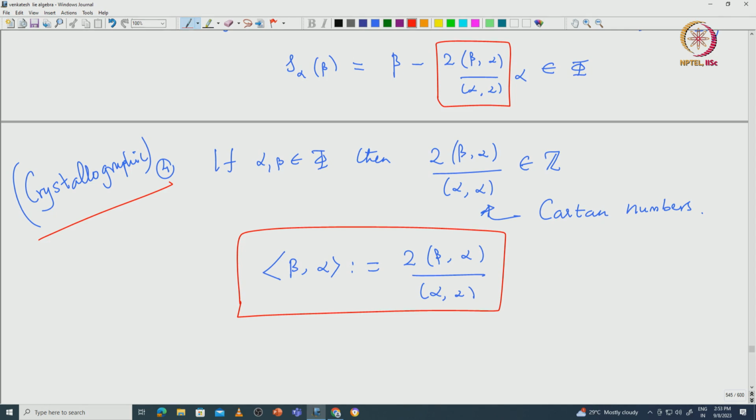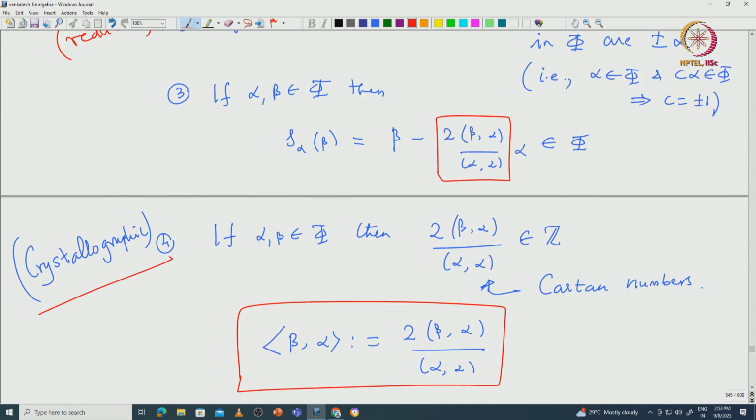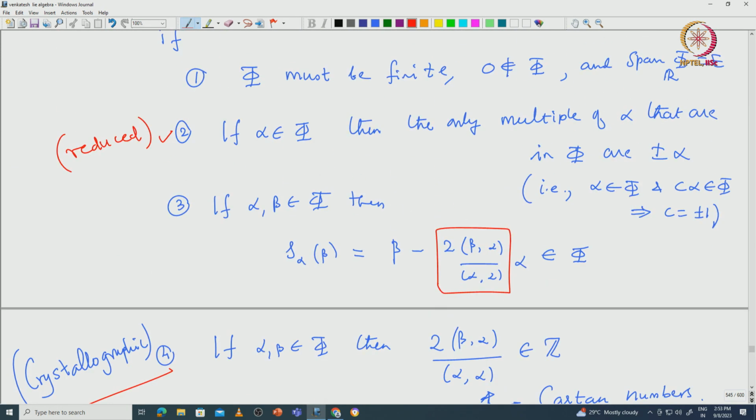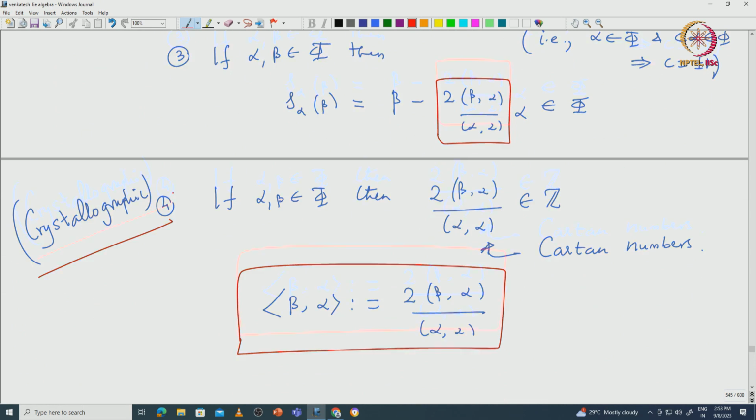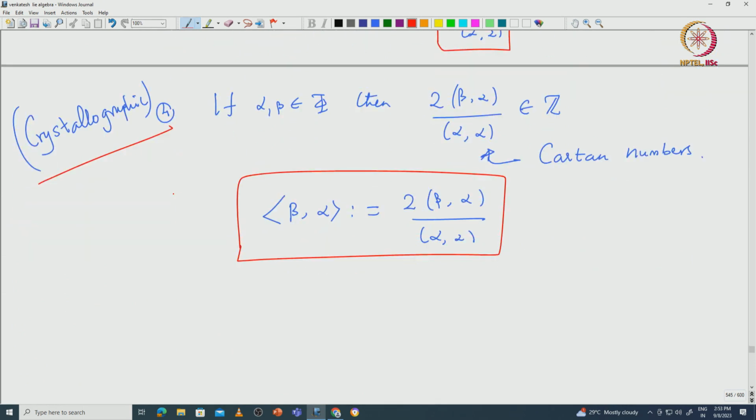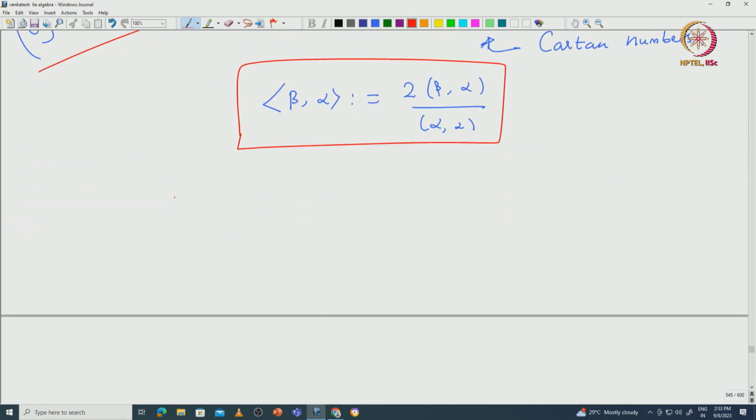In this course, whenever we say root system, we always mean one that satisfies conditions 1 to 4. In the literature it is called a crystallographic reduced root system, but we will just call it a root system.